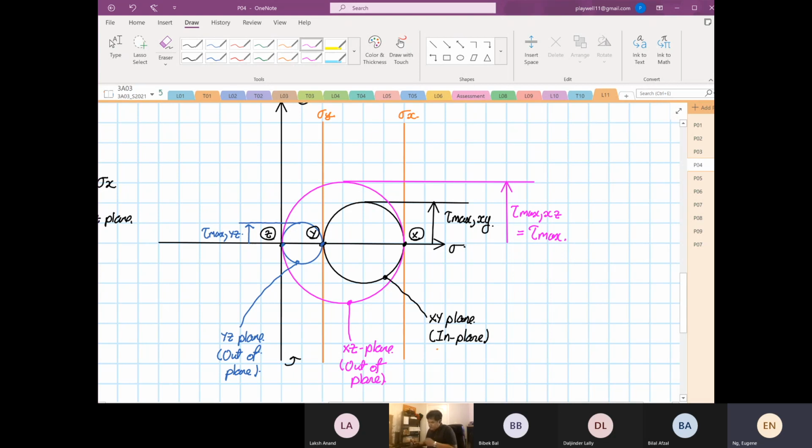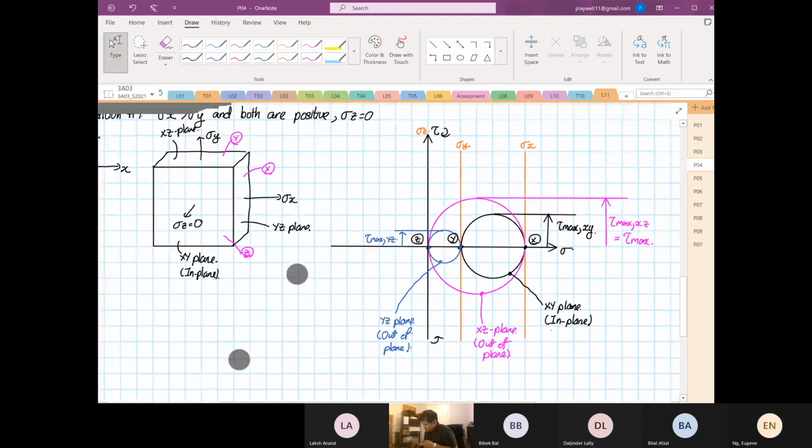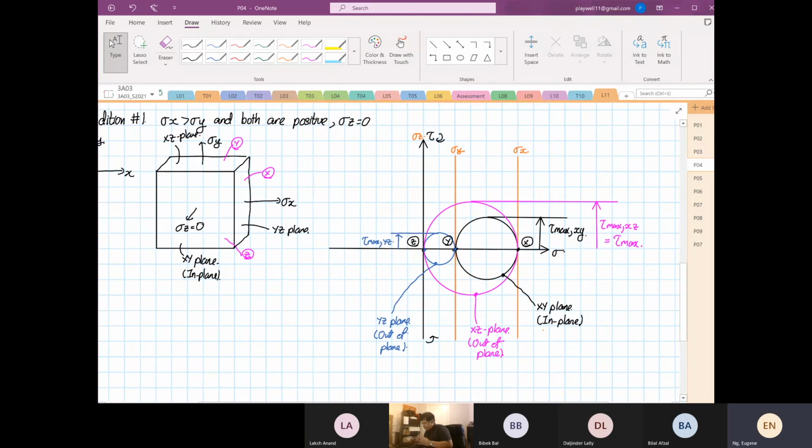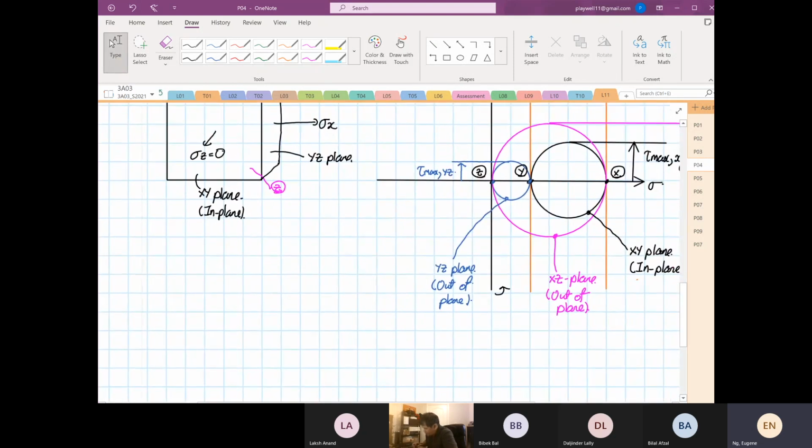Now, what do you realize? This is critical, right? Now, why 3D is critical. I think this is a very good example why 3D. Now, if you were to ignore 3D, okay, you say, Eugene, you know what, buddy, stress Z is equal to 0. I can do a 2D Mohr circle.